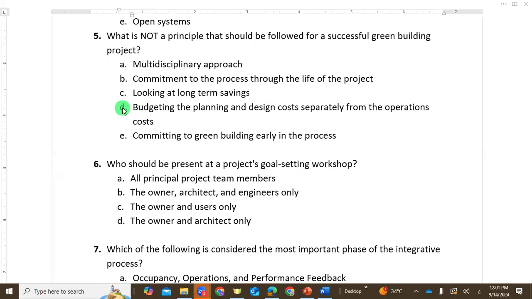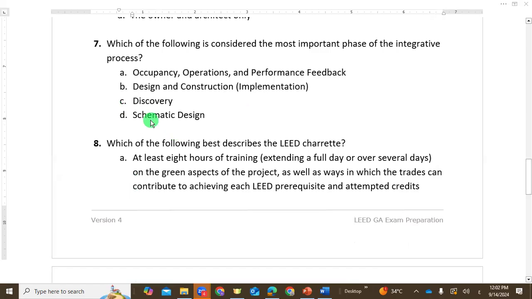Not really good, because of the word separately, you can read now between the lines. Separately, integrative. It's against our concepts, right? Commitment to green building early. That's good. So the answer is, of course, D.